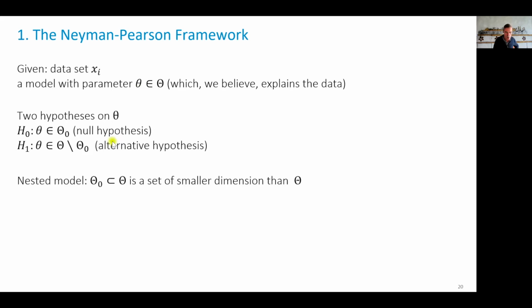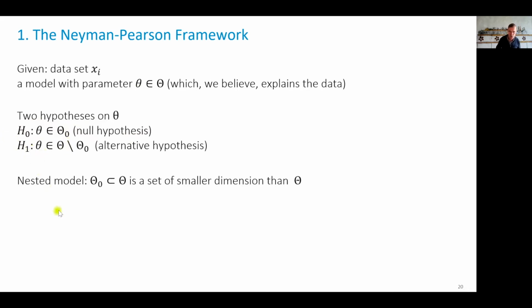So we assume that there are two hypotheses, one called 0 and the other one called 1, which correspond to statements we can make about theta here. The set of values that correspond to the null hypothesis, which I call capital theta 0 here, is of course the complement of the set of values that corresponds to hypothesis number 1.